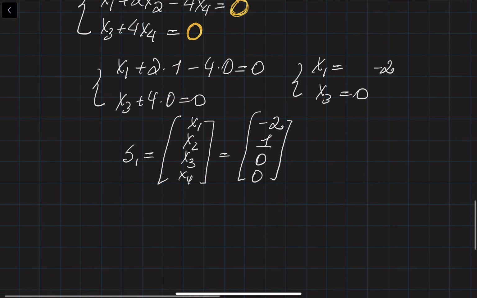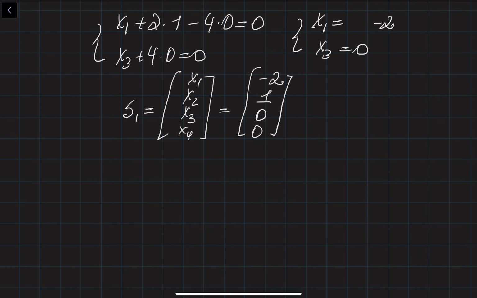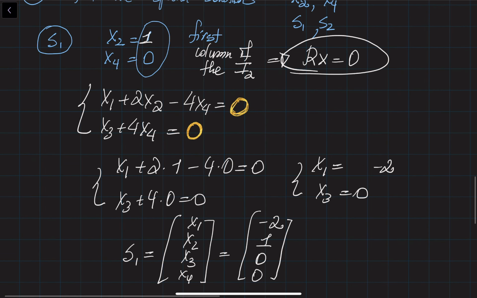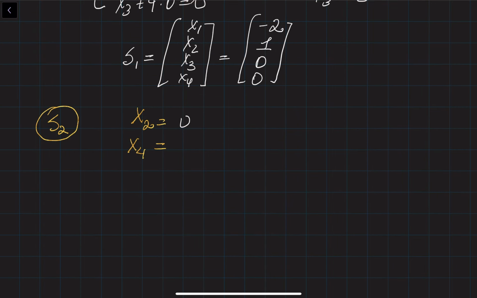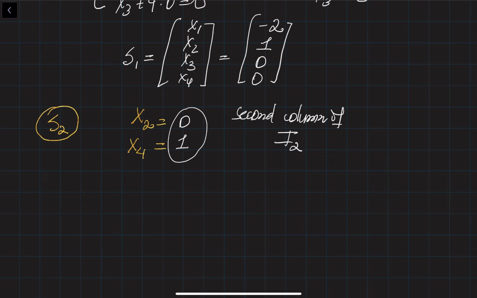And now we need to find the second special solution. In order to find the second special solution, we again take the free variables x2 and x4. If you remember, previously we set x2 to be equal to 1 and x4 to be equal to 0. I'm going to now set them to be 0 and 1, again because this is the second column of the identity matrix, which is 2 by 2.